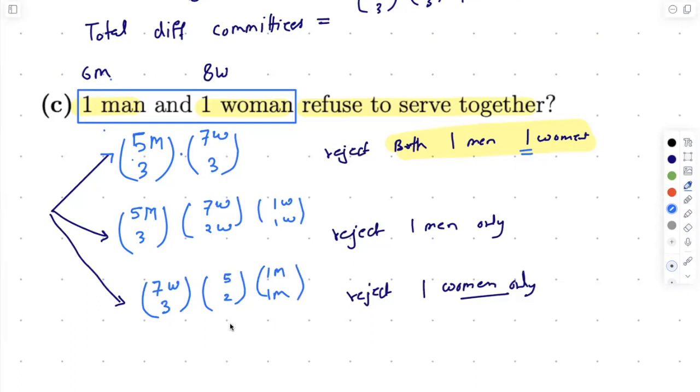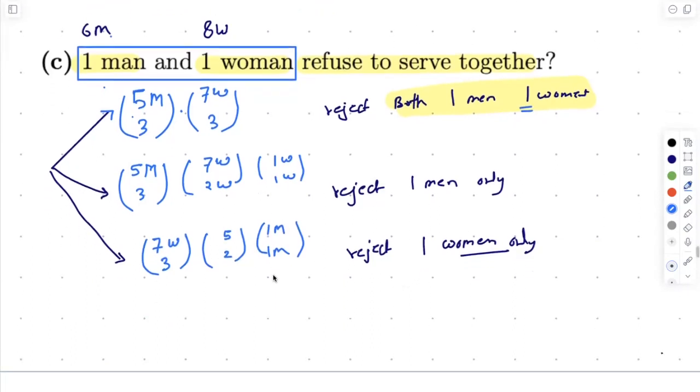Let me tell you once more what I did here. This is going to be important. When I rejected both together, out of six, you have five men, and out of eight, you have seven women. Clear?